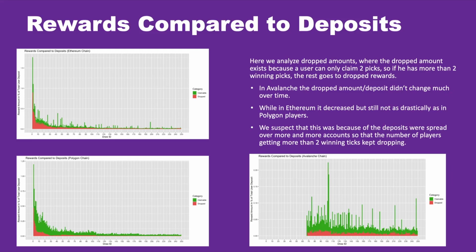But in Ethereum, you see a pretty noticeable decrease in the reward amount. In Polygon, you see the most drastic, and we suspect this was because the deposits were spread over more and more accounts, so the number of players getting more than 2 winning picks kept dropping. Whereas in Ethereum, because there are fewer accounts, it's more likely that you had more than 2 winning picks.